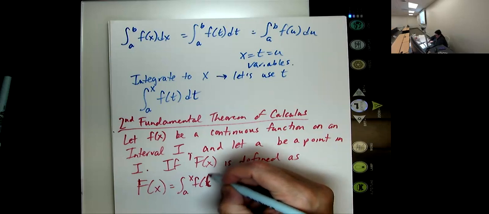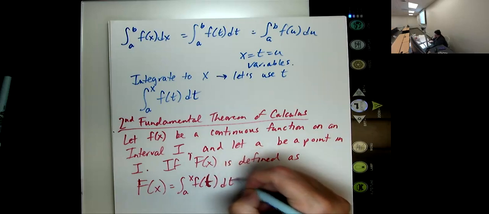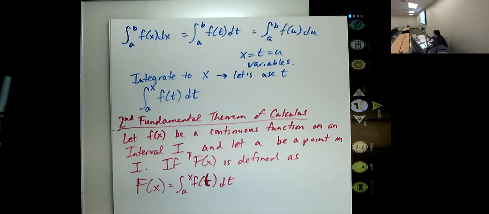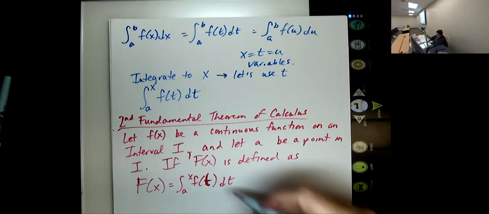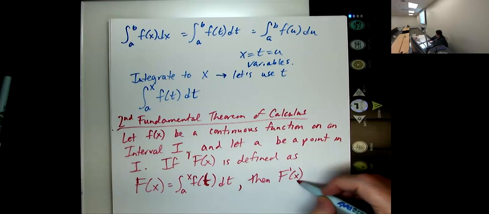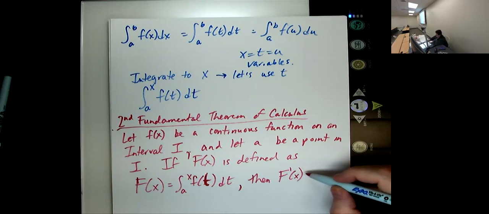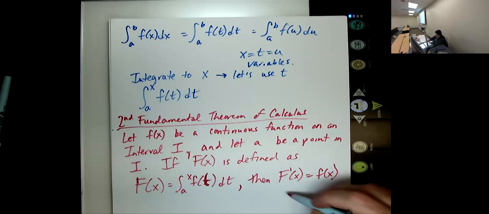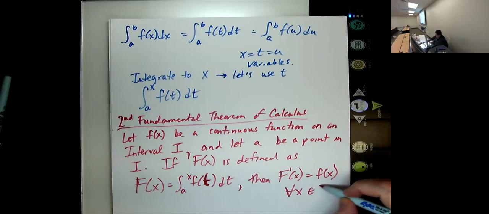I just said don't use x. F of t, t, t. Then F prime of x equals f of x for all x in I.